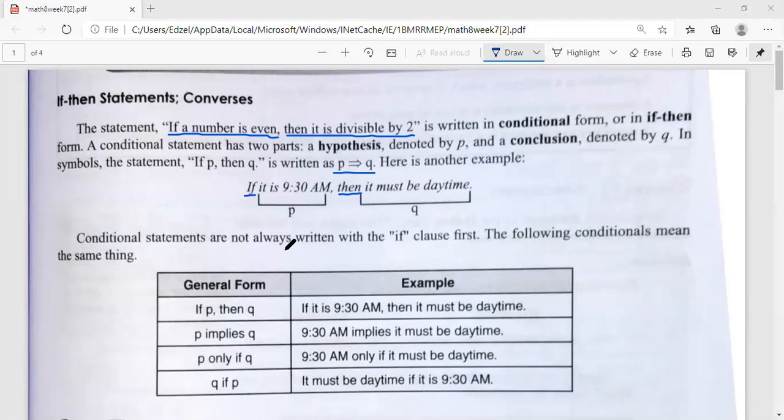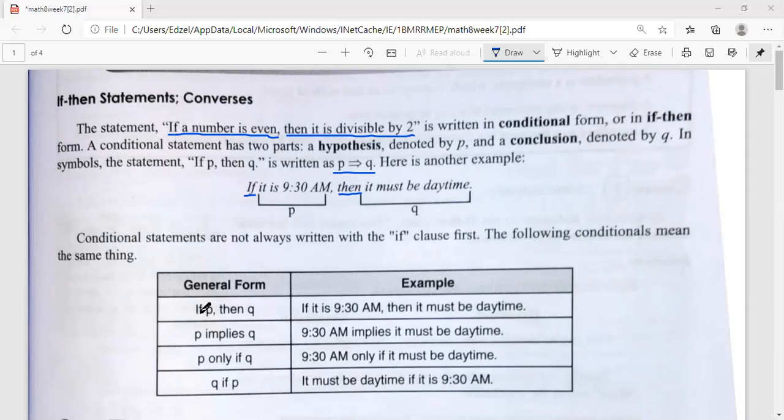So, if-then statement, as what I have said kanina, it's not always written as if-then. It's not always written with the if clause first. Hindi na siya pasabot na naka-if siya permanente.